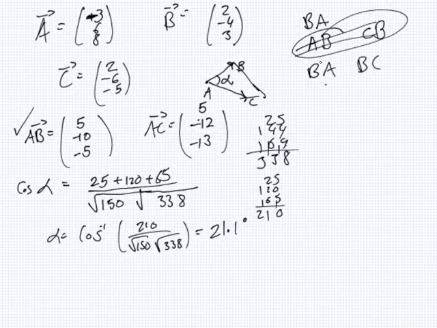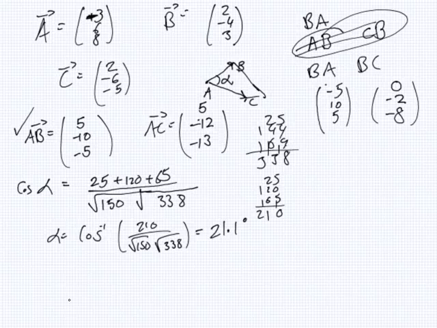Okay. So BA is just minus AB, which is minus 5, 10, and 5. And BC is C minus B, which is 0, minus 2, minus 8.